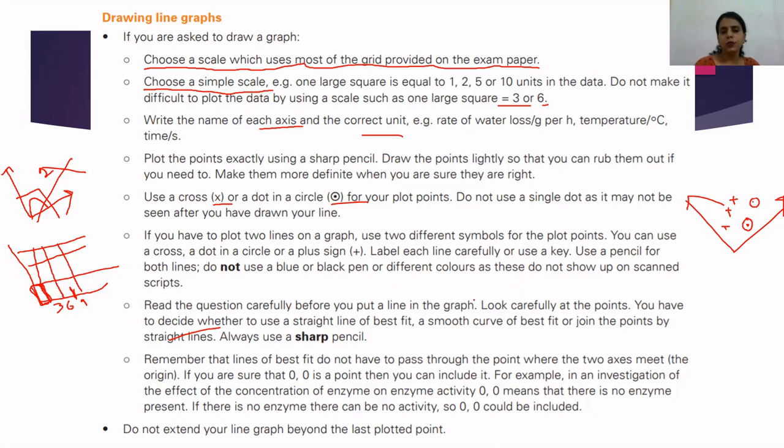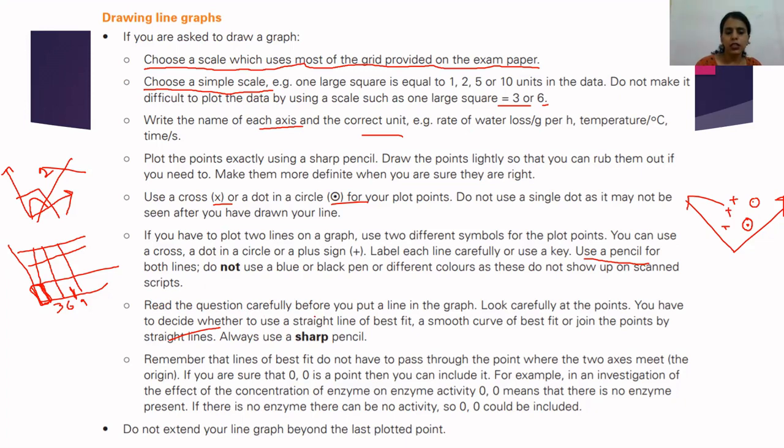You should always use a sharp pencil for plotting the entire graph. If you use a pen or a different color, you won't be awarded any marks; your marks will be cancelled. You should only use pencil for drawing any kind of graph asked in the exam.